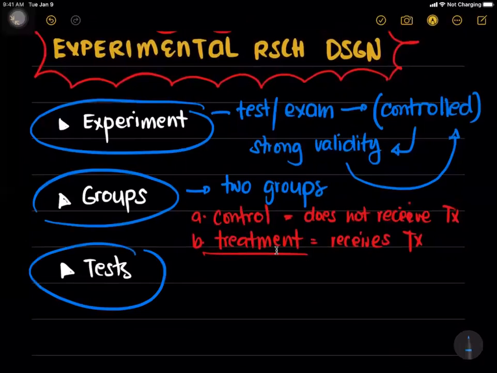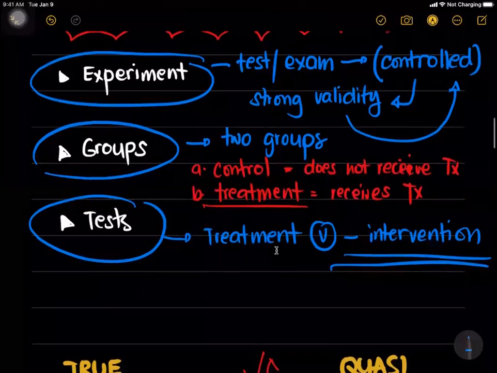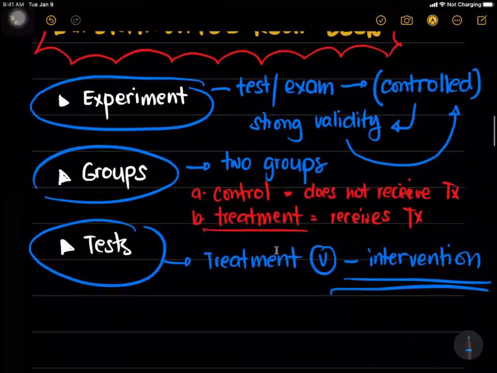So this is what we were talking about a while ago. There is an introduction of your treatment variable, and your treatment variable is always your intervention. Now, your intervention here, do not be confused, class, because some students confuse intervention with correlation.